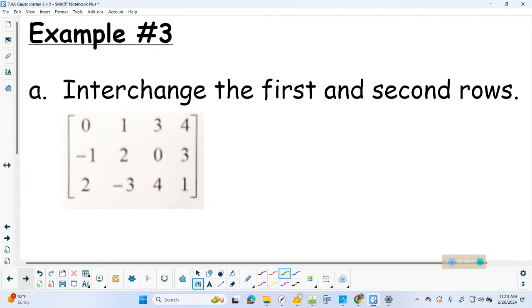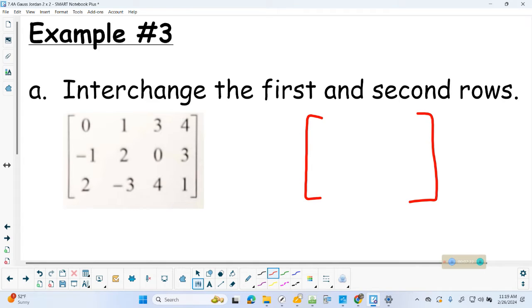So let's just practice some easy stuff here. I need you to interchange the first and second rows. That's all you have to do. So you have to know what's moving where. It's easy. So we're going to interchange the first 2 rows, first and second row. So it doesn't say anything about the bottom row.